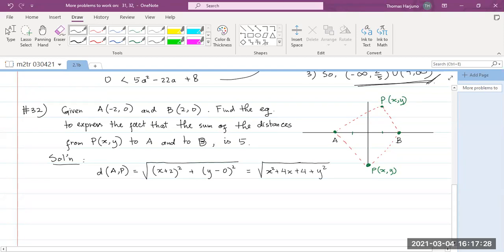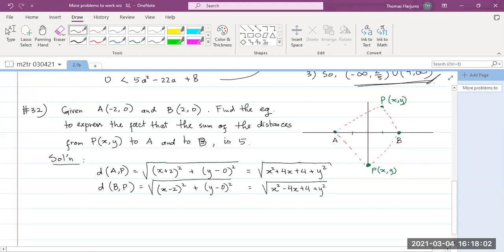The square root should cover all the way. Now the distance from B to P will be square root of x minus 2 squared plus y minus 0 squared. That will be square root of x squared minus 4x plus 4 plus y squared.